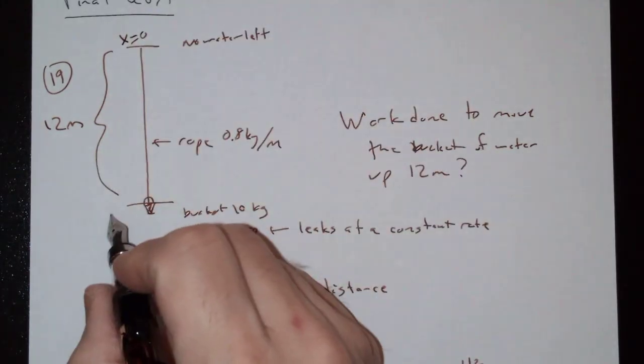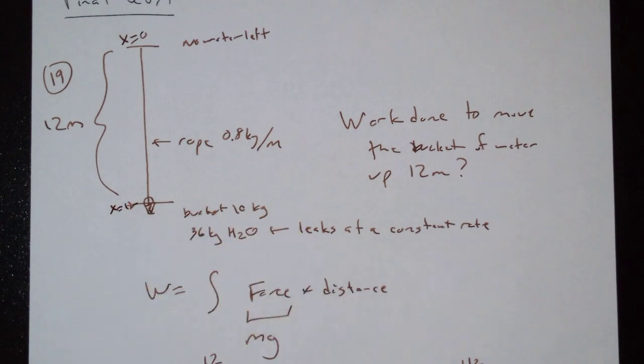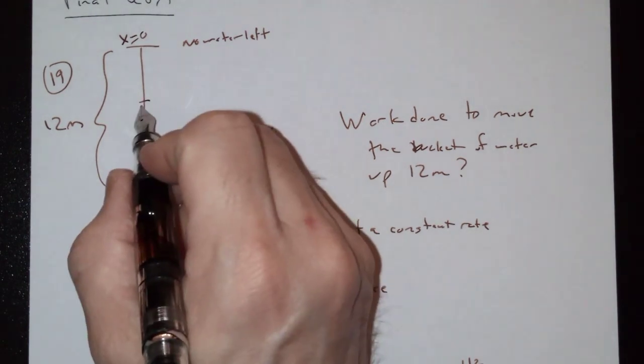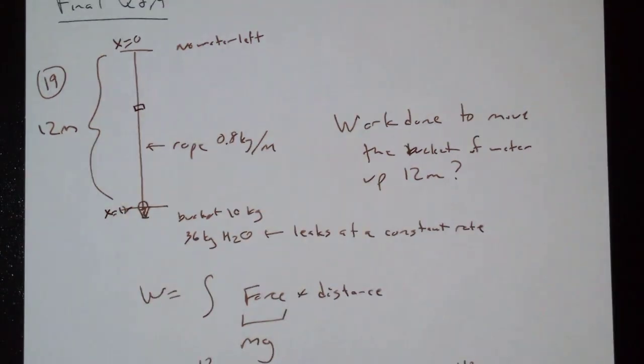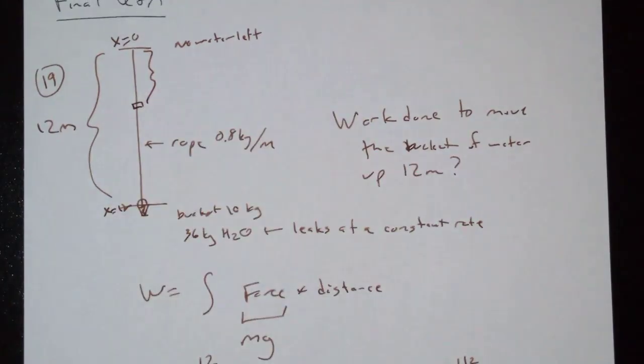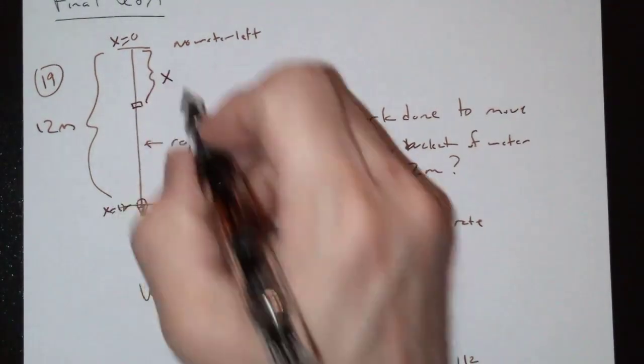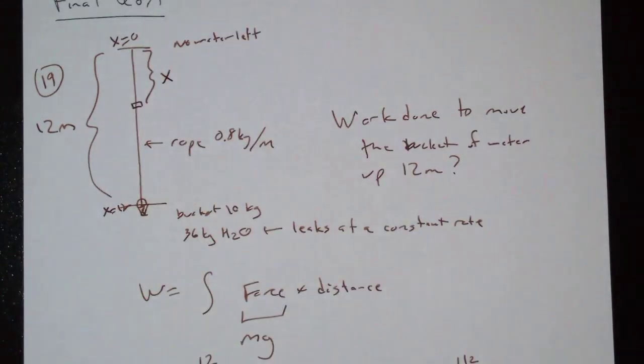This bit of rope needs to move all 12 meters. But this bit of rope right here, this little slice of the rope, how far does it have to move? However far it is from the top, right? Because we're going up. So let's give that some x between 0 and 12.